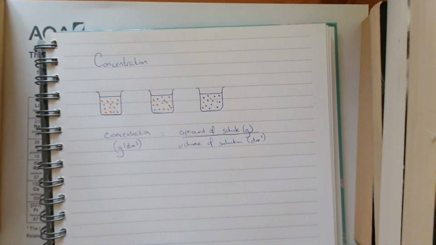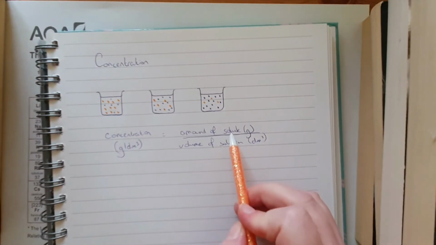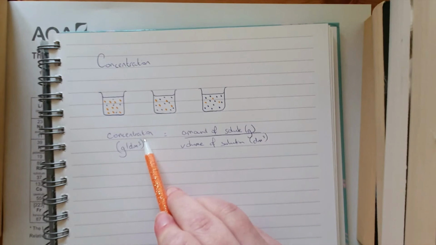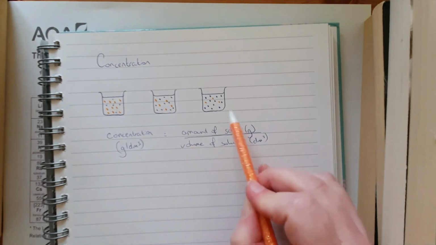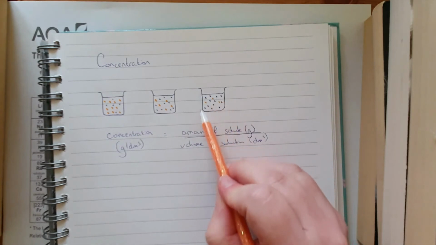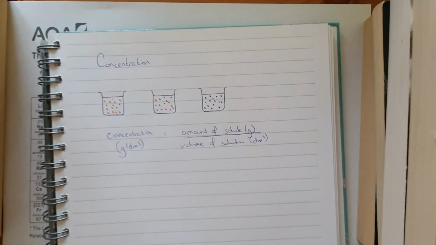And I just do a simple division. I would divide the amount of the solute by the volume of the solution and it would give me the concentration. So the amount of the solute would be the orange squash and the volume of the solution would be the volume of my drink.